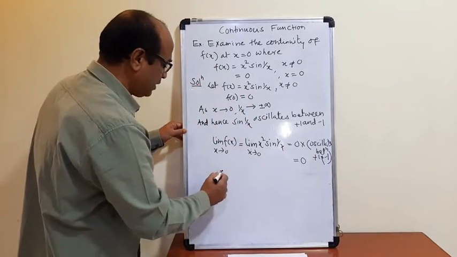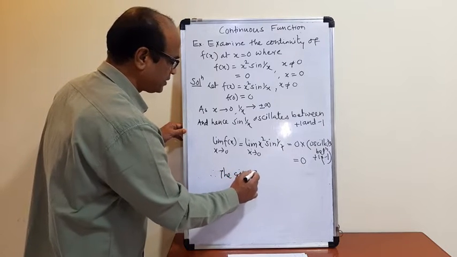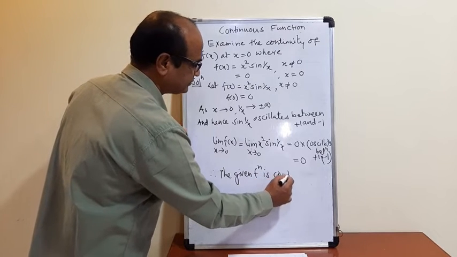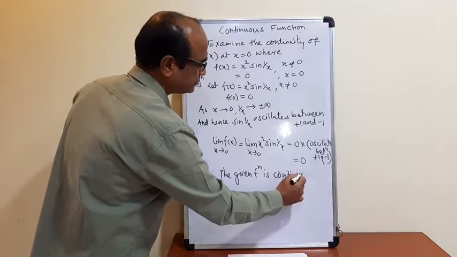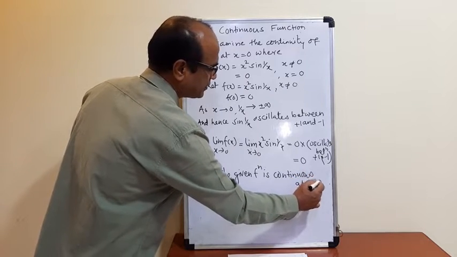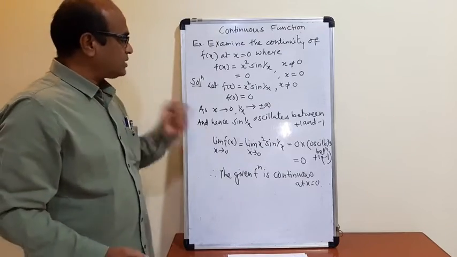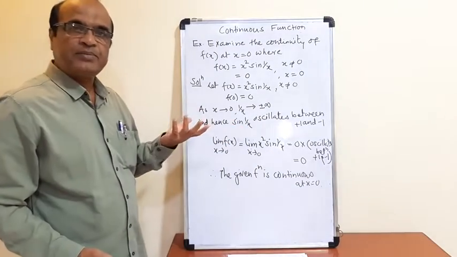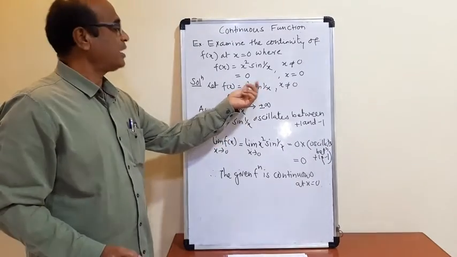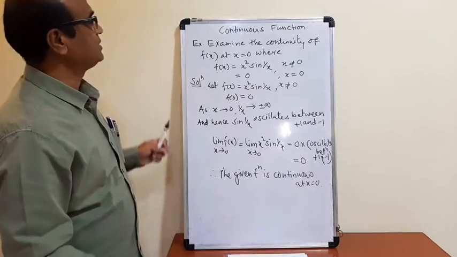Therefore the given function is continuous at x is equal to 0. This is a very simple example. Here sine 1 upon x oscillates between plus 1 and minus 1, but x square into this oscillating function is continuous at x is equal to 0.